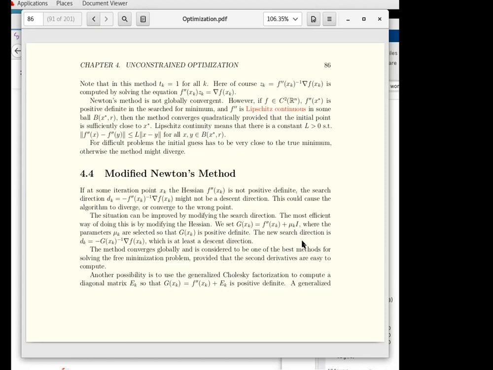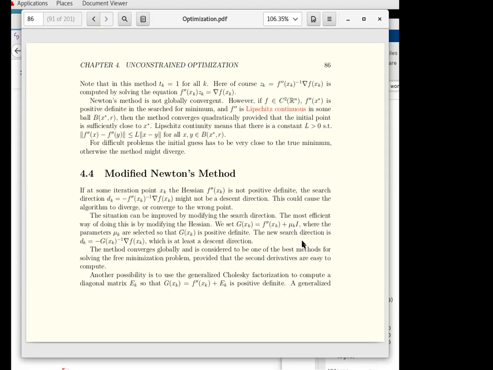converges globally. It's far superior to the gradient methods because the gradient method has bad performance in terms of convergence. The Newton method has a very good convergence result as long as it converges, but it has problems in situations where the Hessian is not positive definite.